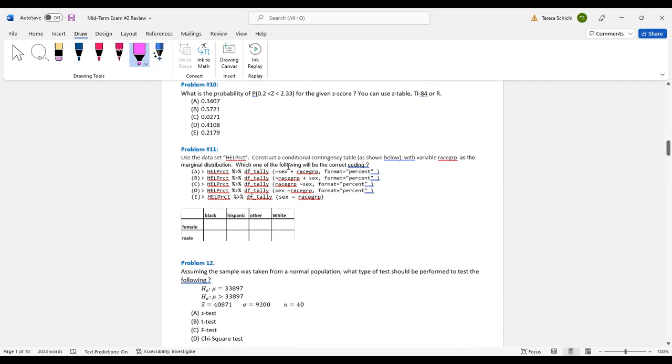What is the probability between 0.2 and 2.33 for the given score? This one will be pretty straightforward. You graph the normal distribution. Here this is 0.2, and this is 2.33, and you are looking for this yellow area to see what the probability is.